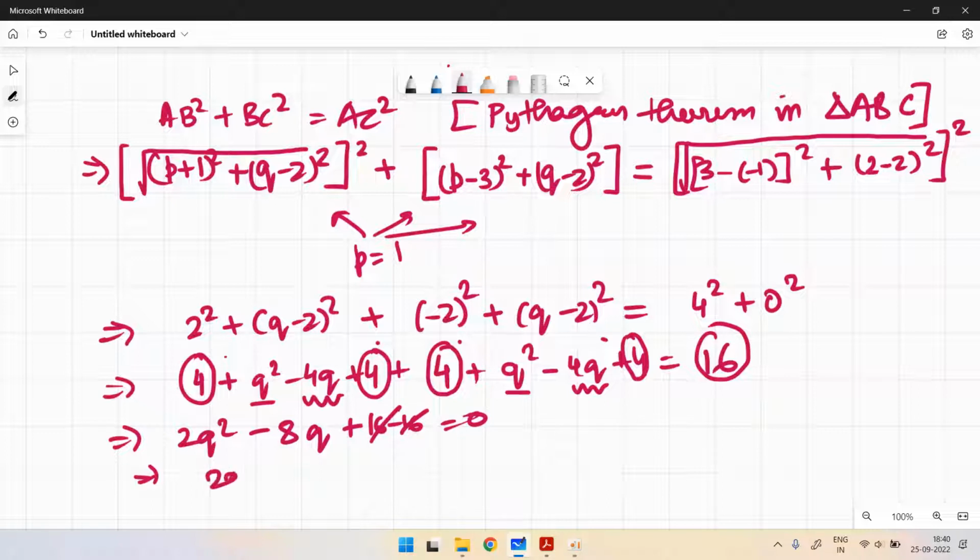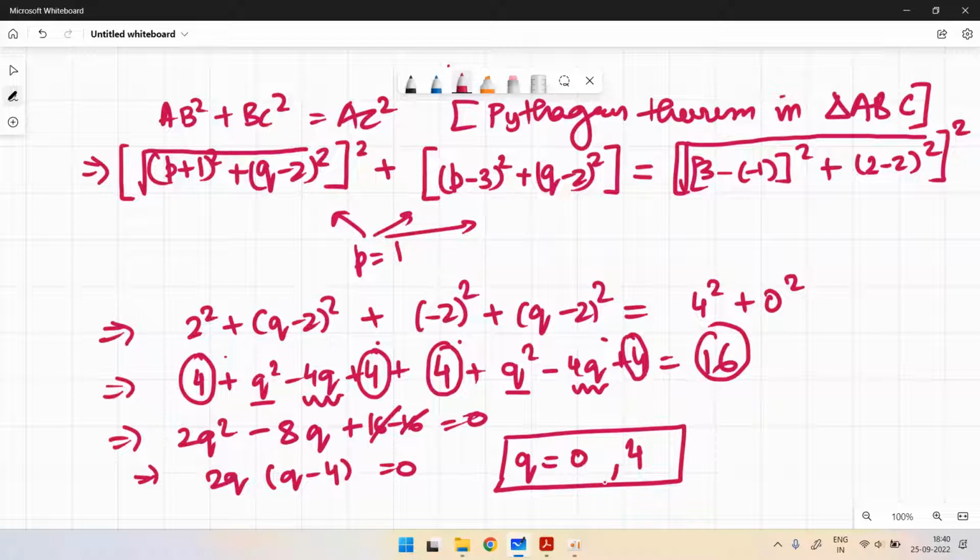This implies that if we take 2Q common, we get Q minus 4 equals 0. So you get the two values of Q. Q is nothing but either 0 or 4. Now what is this Q?